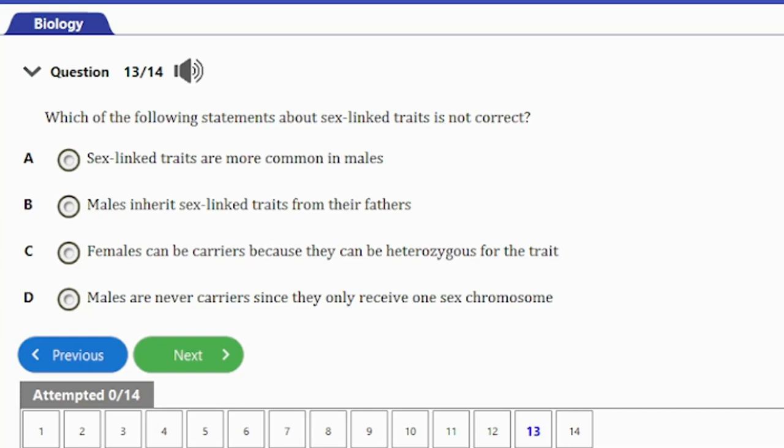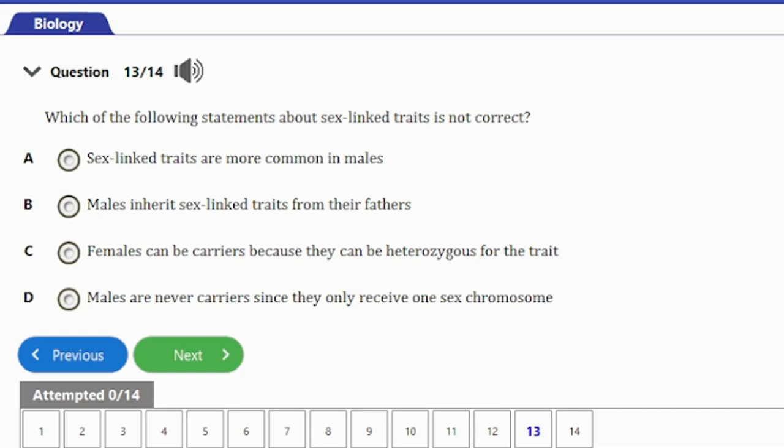So guys, the correct answer to this question here is option B. Males inherit sex-linked traits from their fathers. So this is actually wrong because males only get the Y chromosome from their fathers, and most sex-linked characters are carried on the X chromosome.